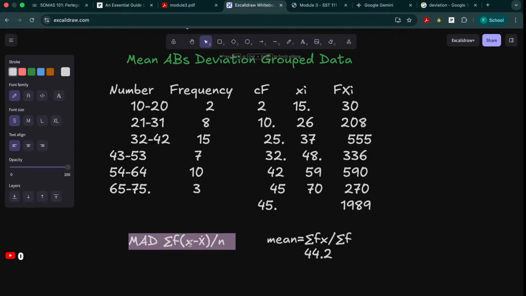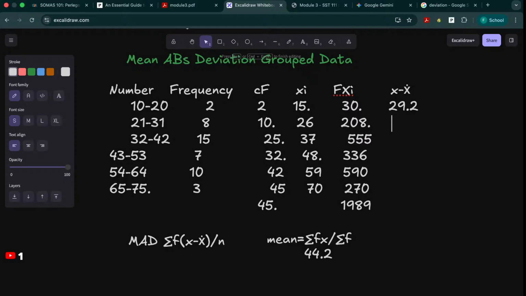So we should have a column where we are doing x minus mean. So our first number is 15 minus 44.2, we get 29.2.